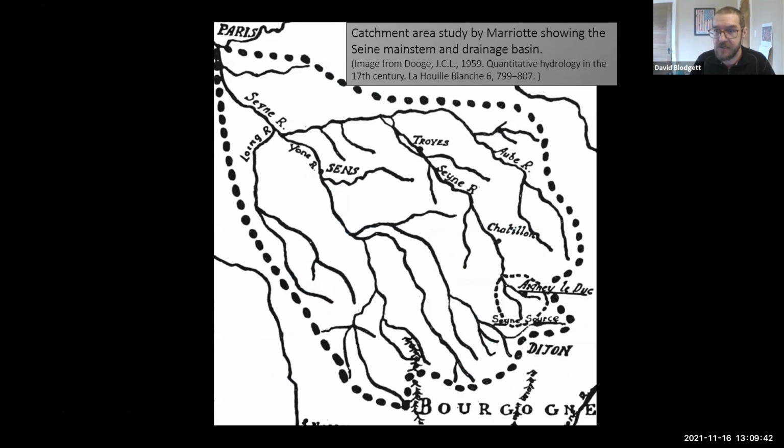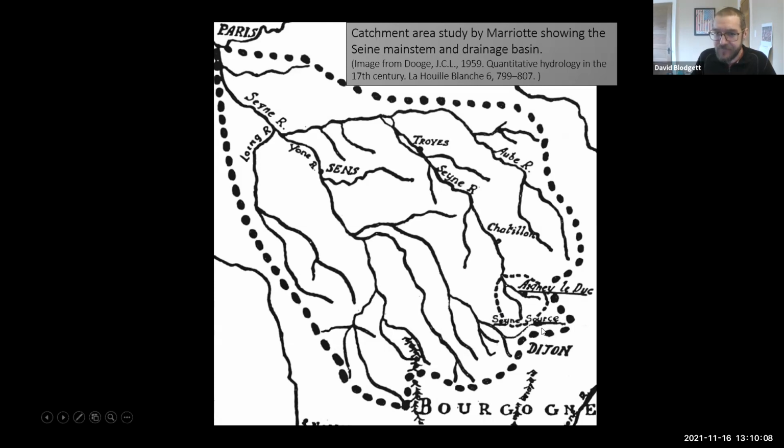This is actually from the 17th century, in a study on quantitative hydrology, where we have a basin boundary for the Seine River upstream of Paris and labeled mainstems going up to Source Seine, which is actually a town that's named for the source of the Seine. So this is the headwater area of the Seine River.